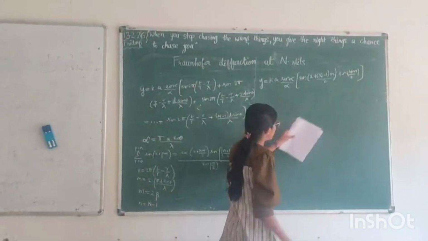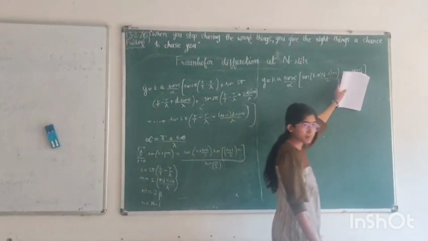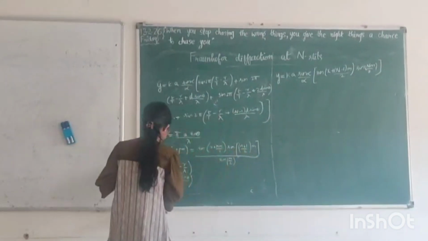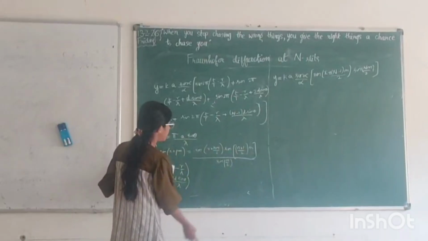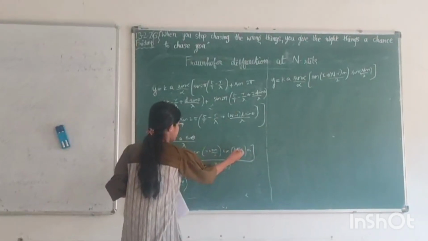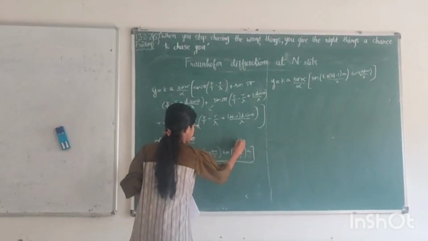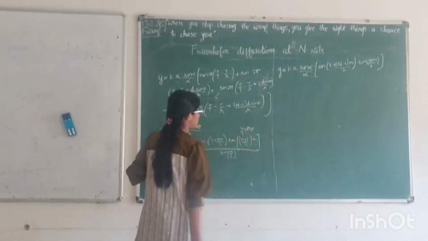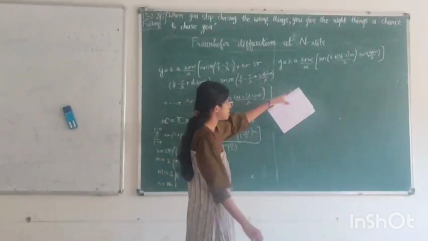Now how did this n come? N came because we are substituting n as n minus 1 in this equation. So n minus 1 plus 1, they both will get cancelled, and sin (n m by 2).